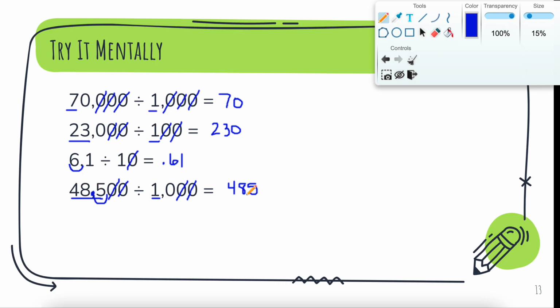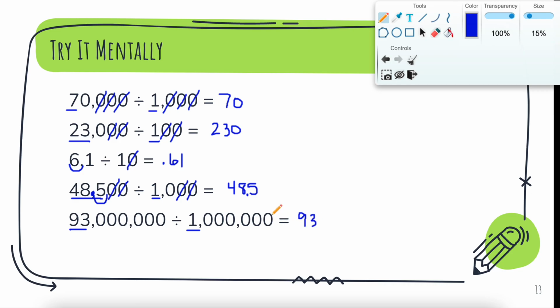So this answer is going to be 48.5. Here, 93 million divided by 1 million, so 93 divided by 1 is 93. And I have 6 zeros to cancel out, which cancels out all of the zeros also from 93 million to make our answer just 93.